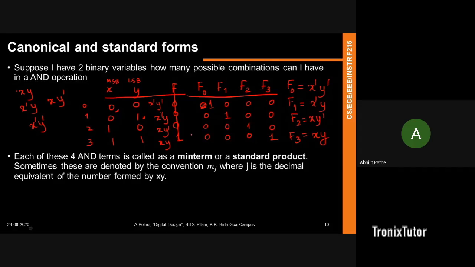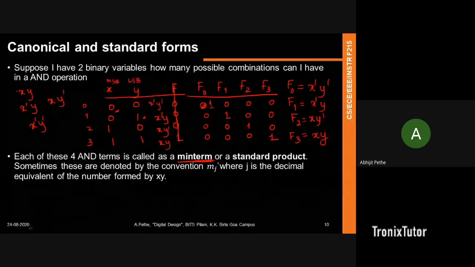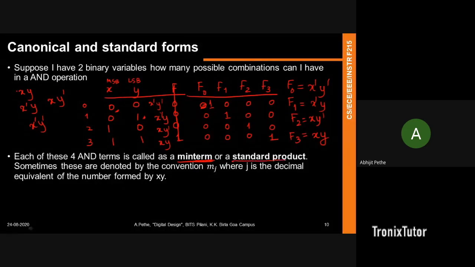So these four AND terms are what are known as minterms, right? In logic design, these are known as minterms or standard products. So for a two input system, these are known as standard products. Why standard product? Because these will go high only at one instant for that given input combination, right?